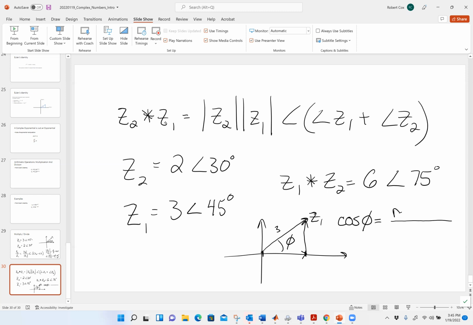In this case, it's the real part of Z over the magnitude of Z. And sine of phi, how do I define that? Imaginary part over the magnitude. Yeah, so the opposite over the hypotenuse, right? The opposite is the imaginary part over the magnitude, the hypotenuse, like that. Okay, so there's a cheat sheet that I'll post.